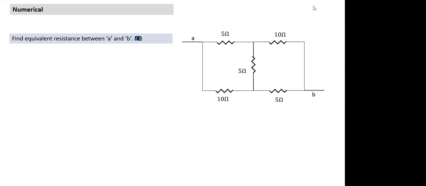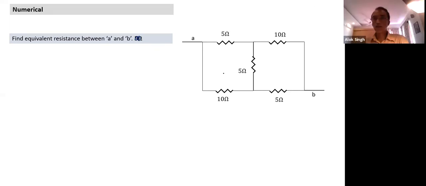No, it's not, because this is 5 by 10, and this is 10 by 5. We cannot use a parallel-series combination, and we cannot use Wheatstone. This kind of question is the last step.